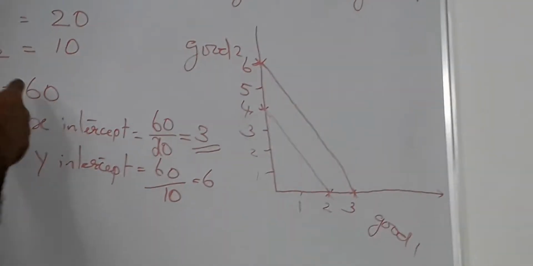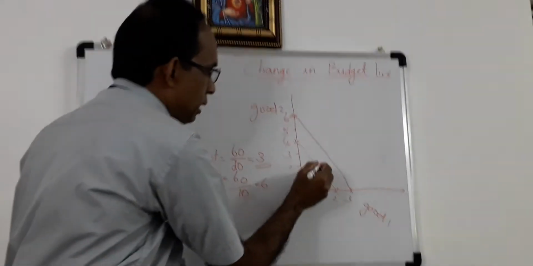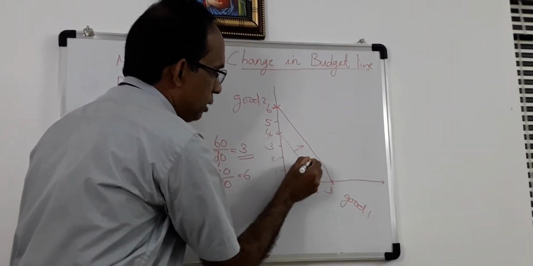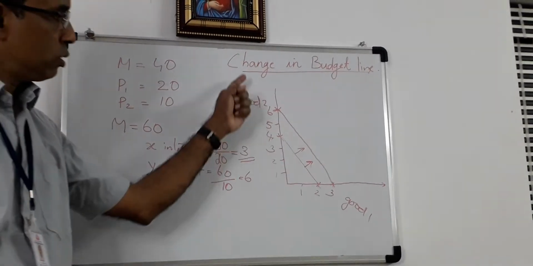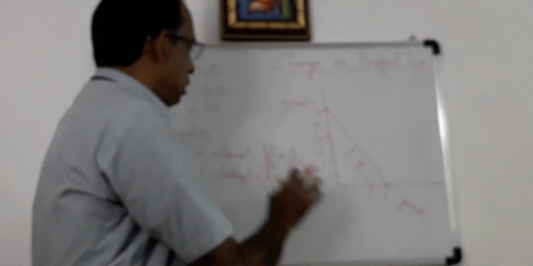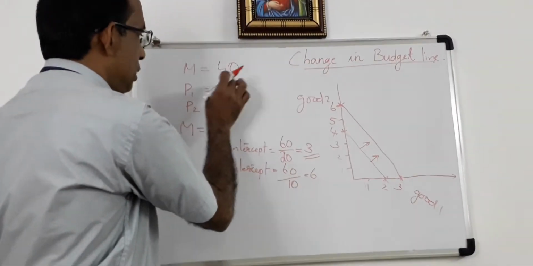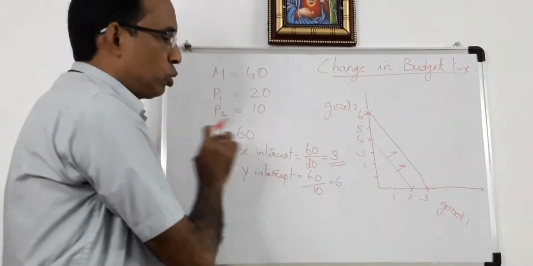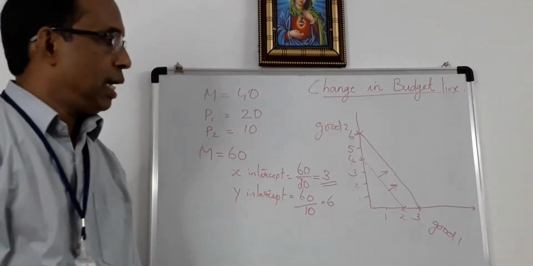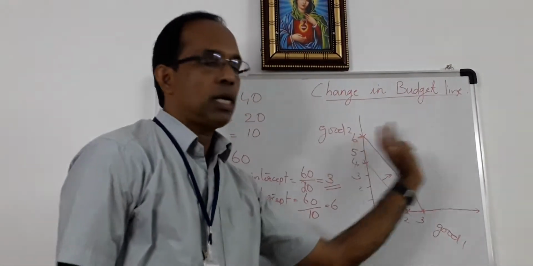When income increases, the budget line shifts rightward without change in the slope of the budget line. There is no change in the slope of the budget line. Budget line shifts rightward because there is no change in P1 and P2. So there is no change in slope of the budget line, but the budget line shifts rightward.